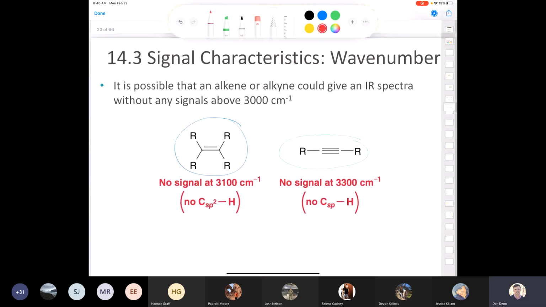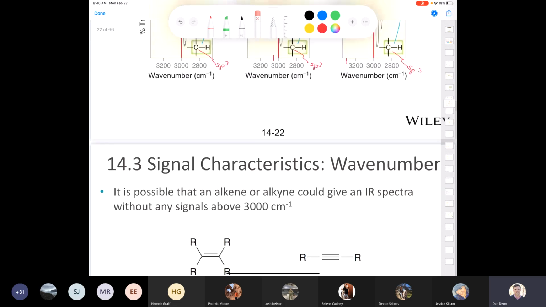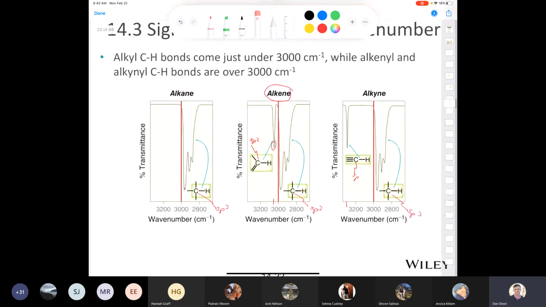All right. Now, you got to be careful, though, with alkenes and alkynes. It might be a knee-jerk reaction to say, okay, well, every alkene under the sun is going to have some kind of sp2 carbon-hydrogen stretch at 3,100, and every alkyne is going to have some kind of sp hybridized carbon-hydrogen stretch around 3,300.